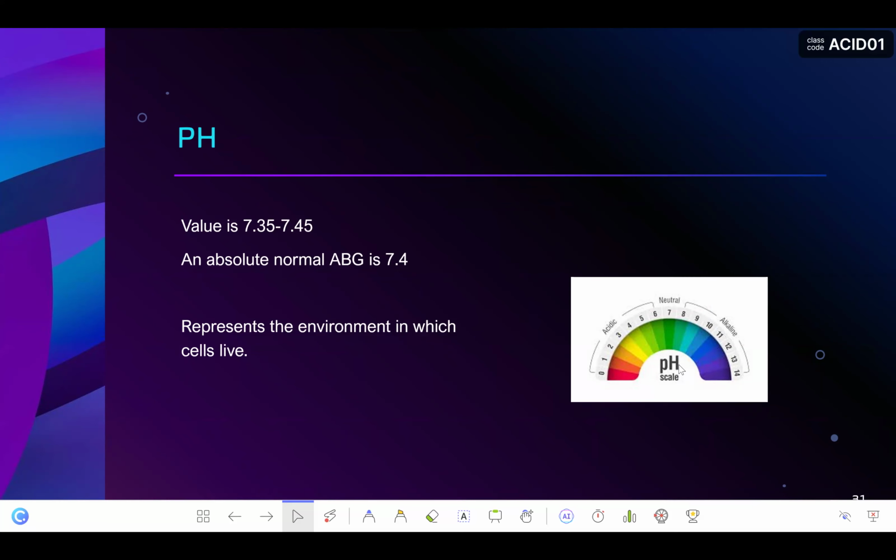The absolute normal pH is 7.4. Blood can be between 7.35 and 7.45. The closer it is to 7.35, the more acidic it is. The closer it is to 7.45, the more alkaline it is. And pH represents the environment in which the cells live.